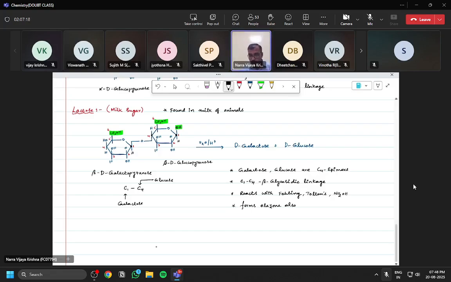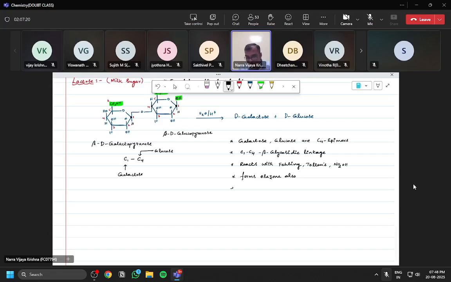Right? Now, beta forms, in order to break beta forms, emulsin is required. So hydrolysis of beta glycosidic linkages is done by emulsin, an enzyme which specifically hydrolyzes beta glycosidic linkages.